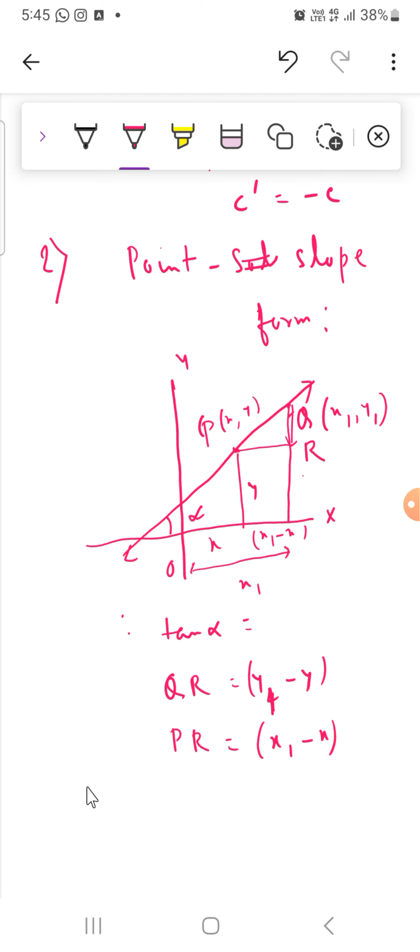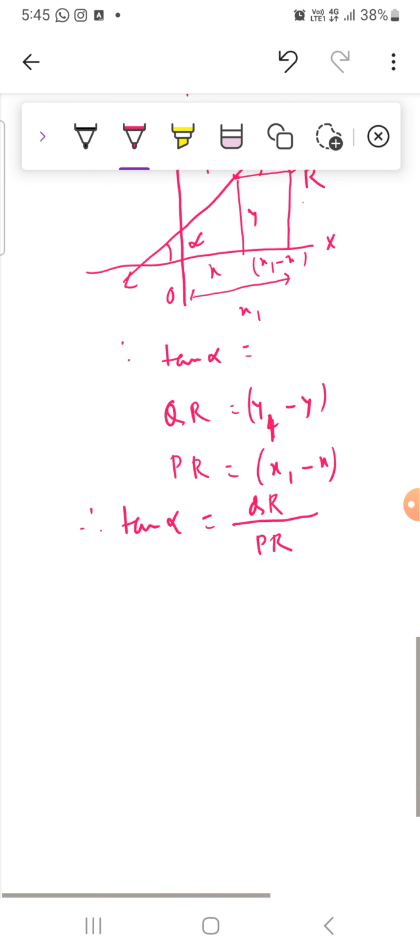So tan alpha, the slope of the straight line, is QR by PR. Since this angle is alpha and QR and the x-axis are parallel, being similar angles, angle QPR will be alpha. Now we can put these values.